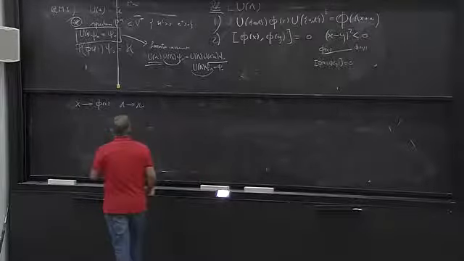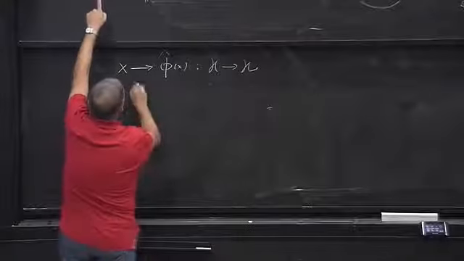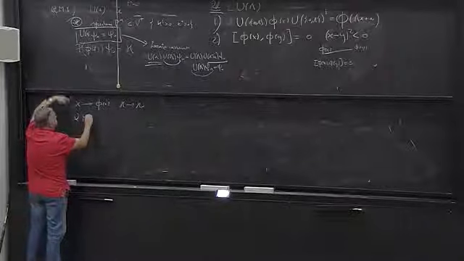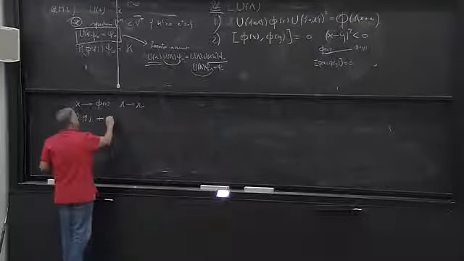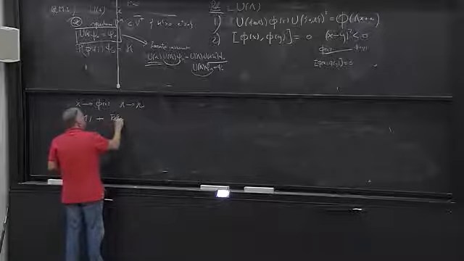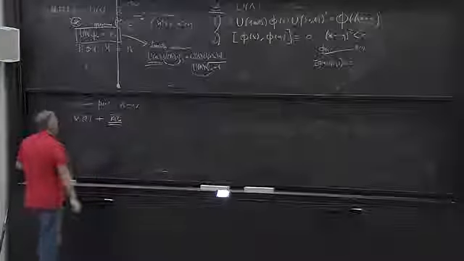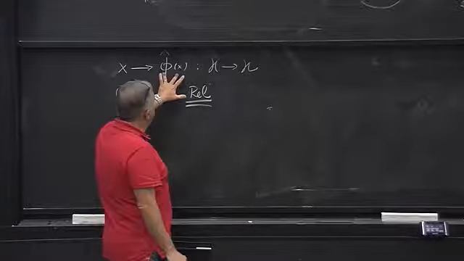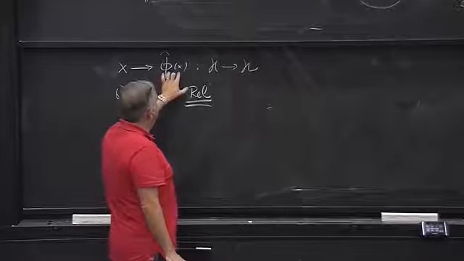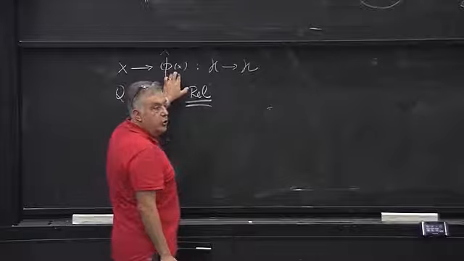So if you assume the quantum mechanical properties plus invariance under the Poincaré group, such an object cannot be an operator.